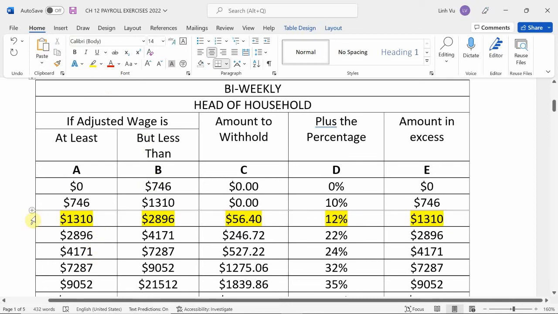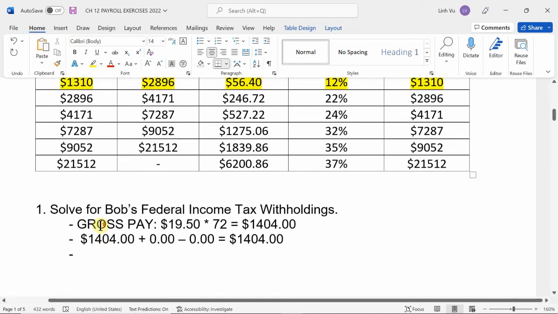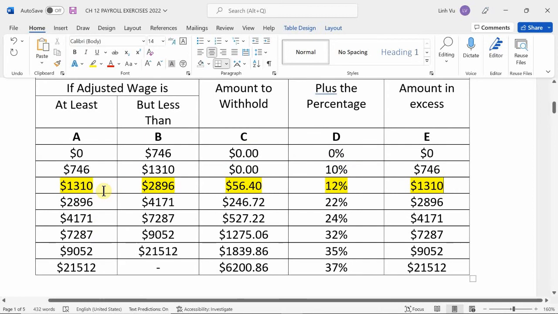He's definitely earned more than $1,310, because right now we're at $1,404, but he's earned less than $2,896. That means he's subjected to $56.40 of tax regardless of what he's earned. Any dollar in excess is going to be subjected to 12%, and he gets to keep $1,310.